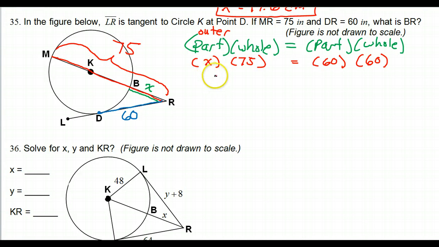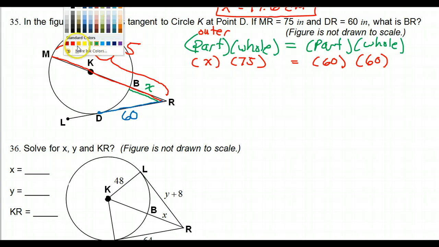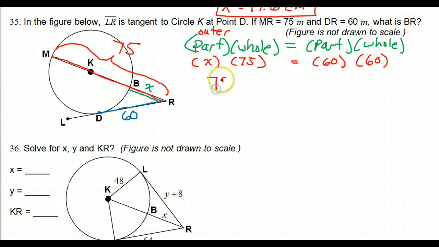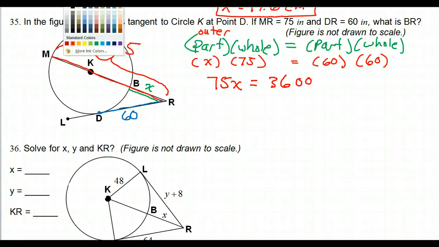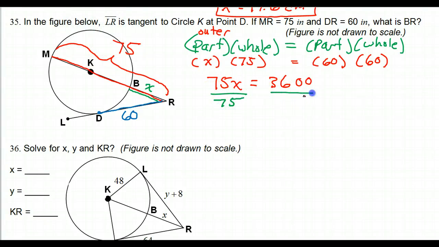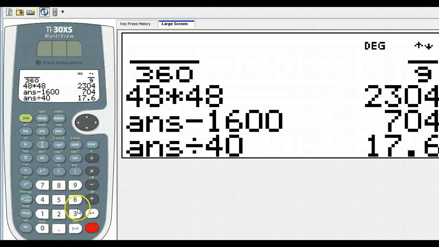So anyway, back down to business. I'm going to stay red. So this will be 75x equals 3,600. So we're just going to divide both sides by 75. Okay, so 3,600 divided by 75.